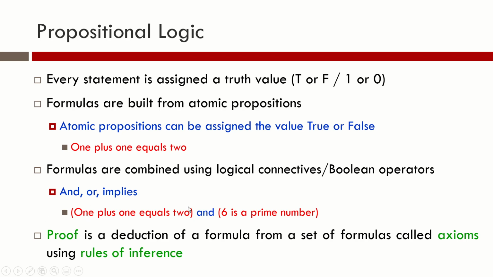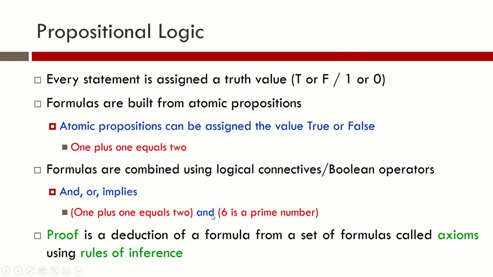Now coming to an example, we have two atomic propositions, 1 plus 1 equals 2, and another atomic proposition says 6 is a prime number. We can join these two atomic propositions using and. The first atomic proposition has a truth value true, and the second has a truth value false.